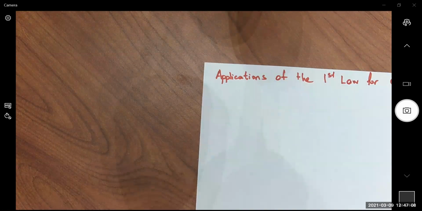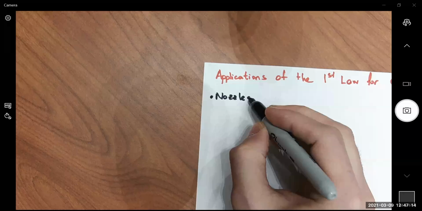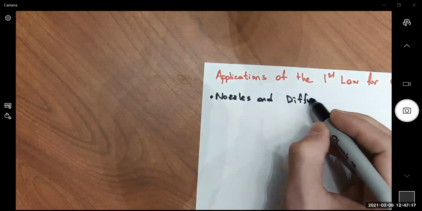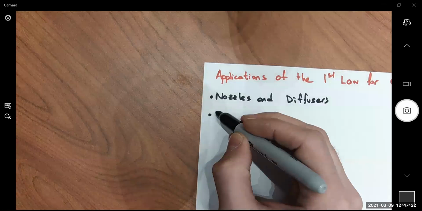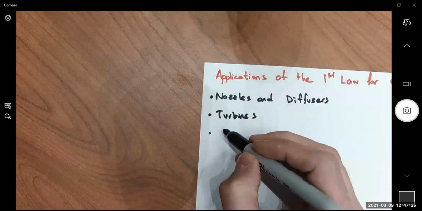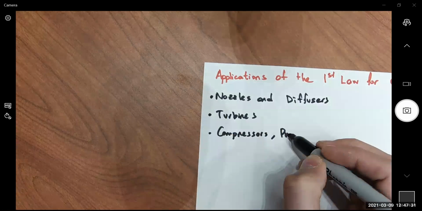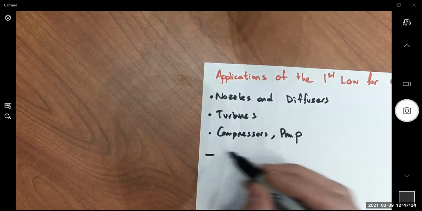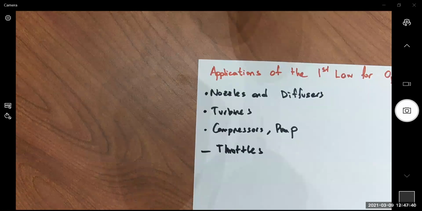And so far we covered nozzles and diffusers, and turbines, compressors, pumps, and today we're going to start with throttles. Let's remember a couple of things that we covered so far, and they will be used for throttles and other devices. They're also considered open system devices.